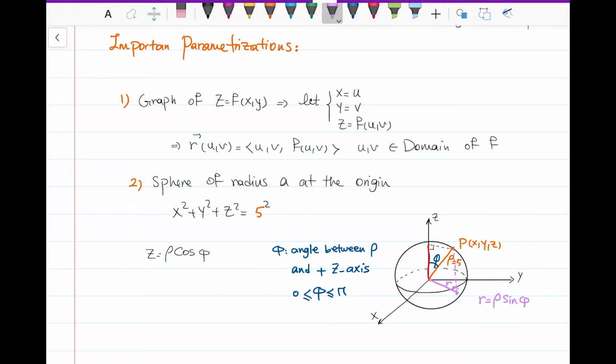Now if I connect r to the x-axis, the length here would be x, the x coordinate of the point P. But to address that, I'm going to consider the angle in here between r and the positive x-axis, and I'm going to call it theta. Theta would be the angle between r and the positive x-axis.